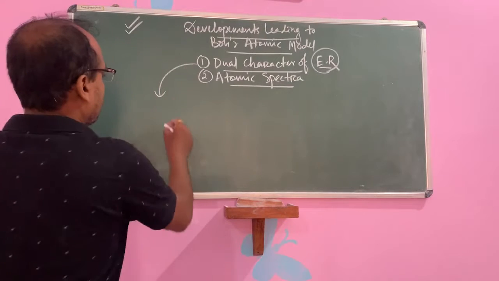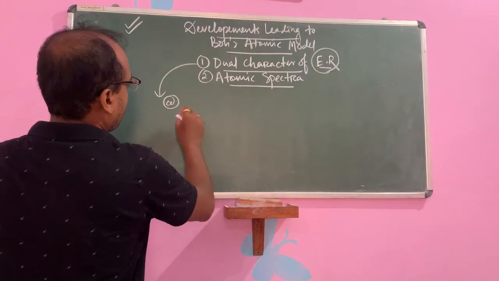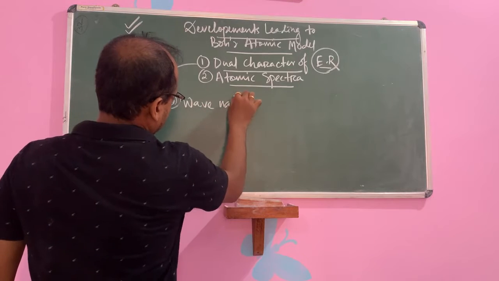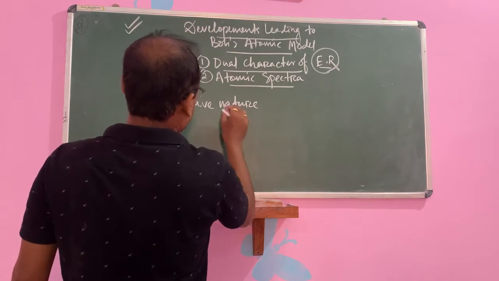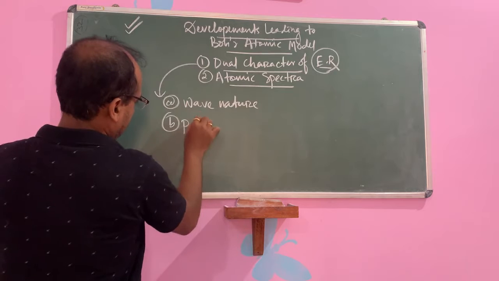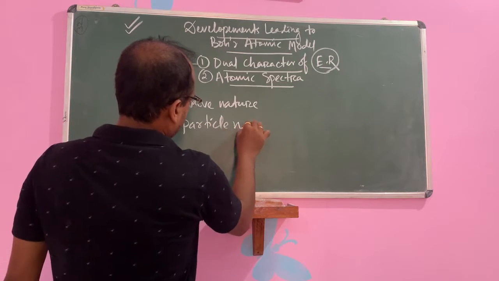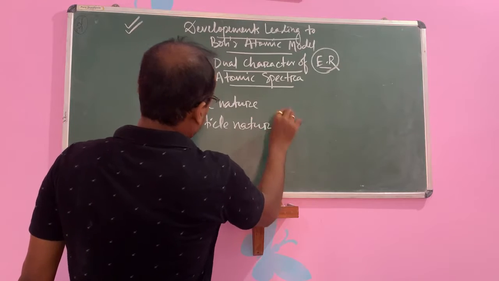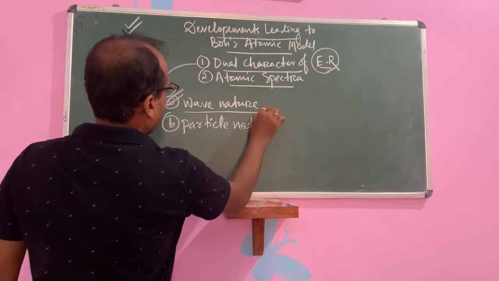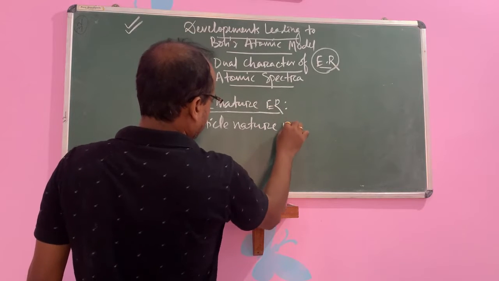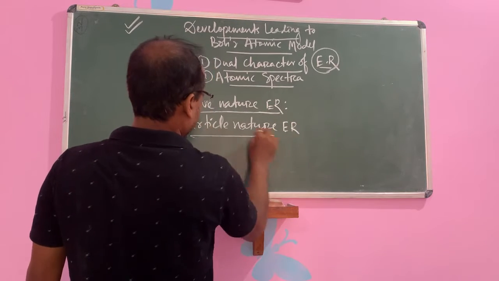So first, these are again two types. That is your wave nature and particle nature. So first we will discuss wave nature of ER. Okay. Then particle nature of ER.